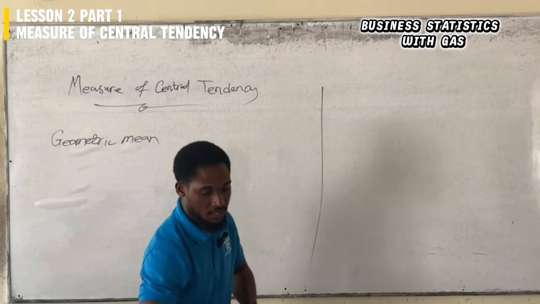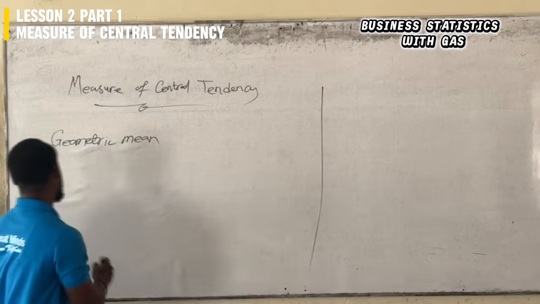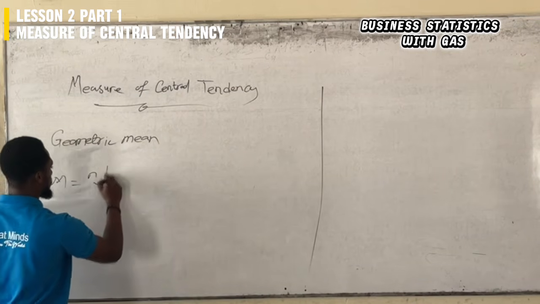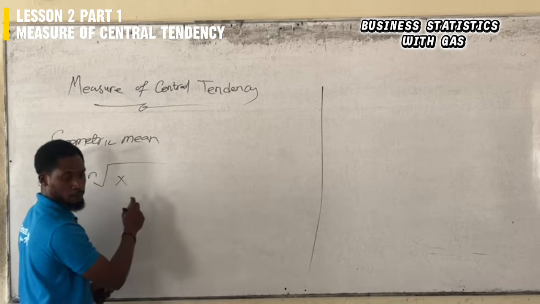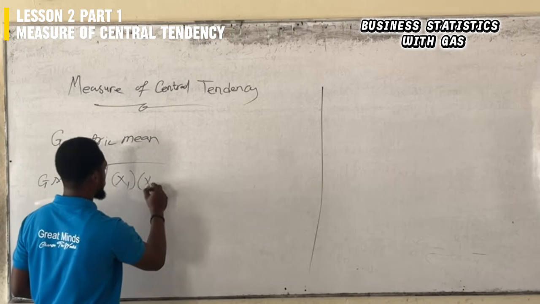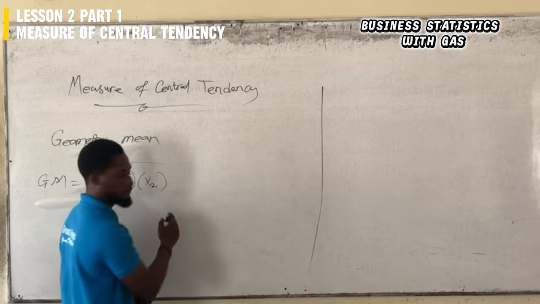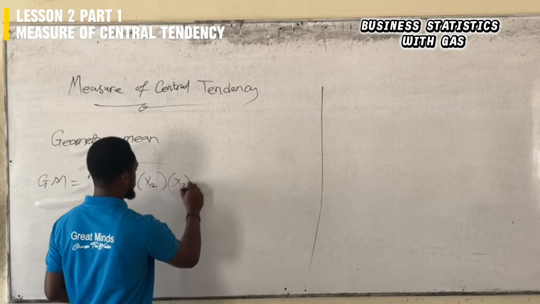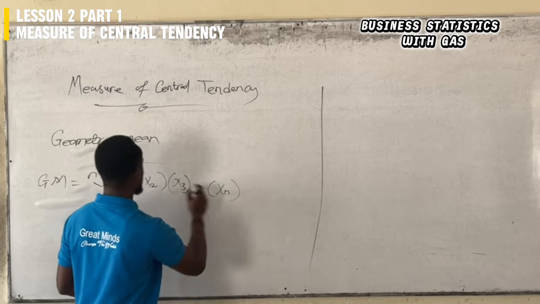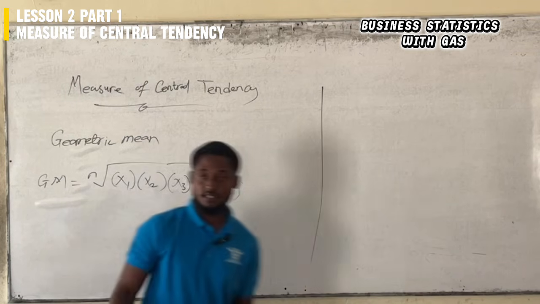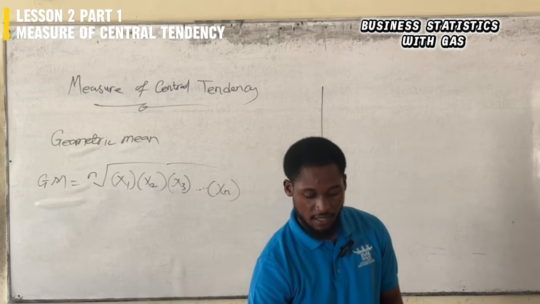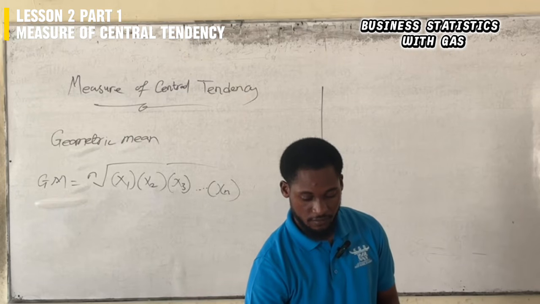So with geometric mean, this is the formula for geometric mean. So let's solve an example under the geometric mean.